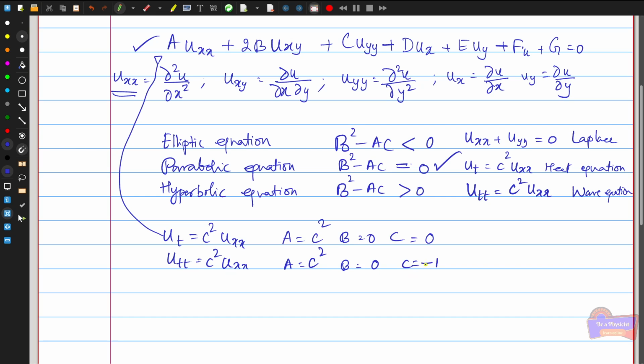So I am taking c as -1. If you substitute these three values, a equal to c squared, b equal to 0, and c equal to -1, you get b squared minus 4ac equal to 4c squared, which is greater than 0. So it comes under the category of the hyperbolic equation.